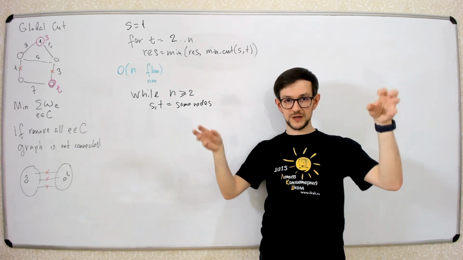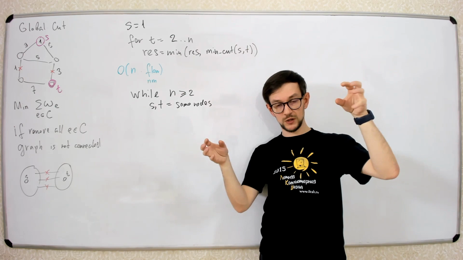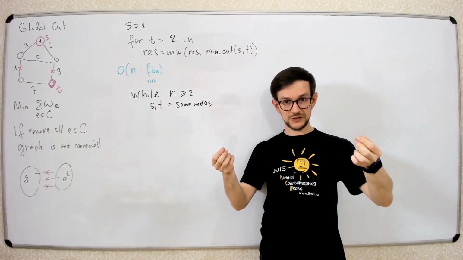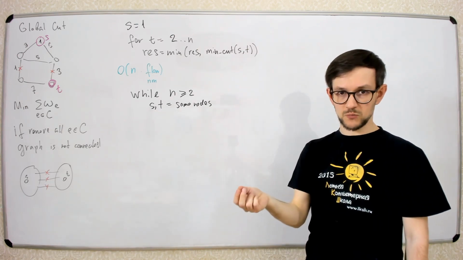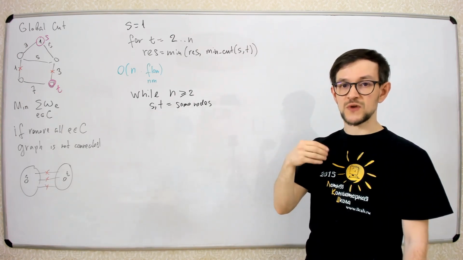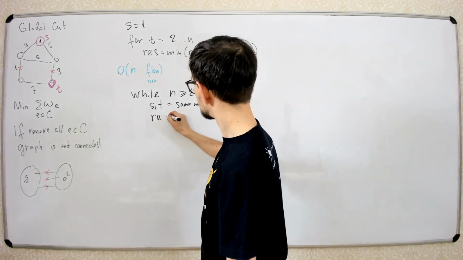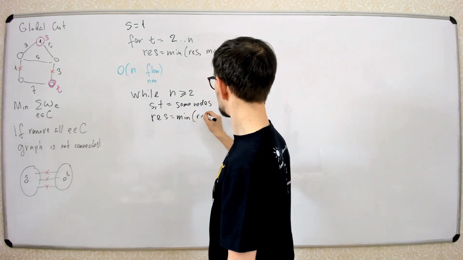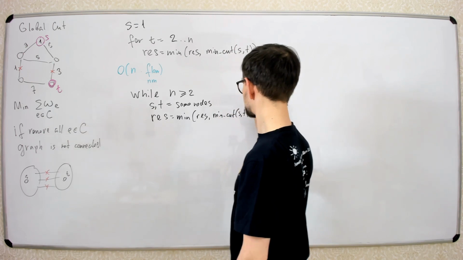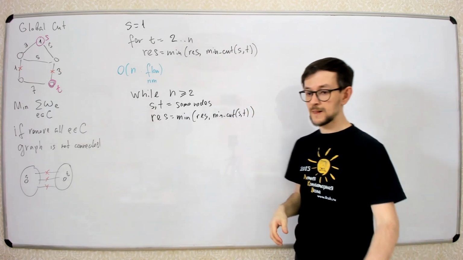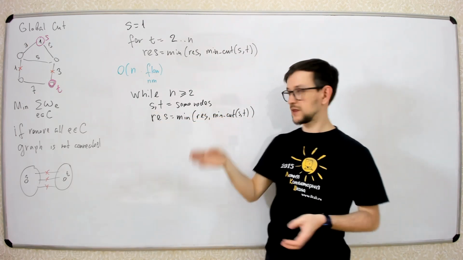If they belong to different connected components, then we can just find the minimal cut between these 2 nodes and update the result. So if S and T belong to different connected components, then we found the result.